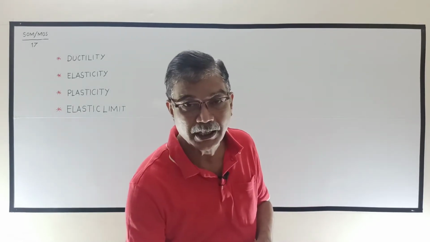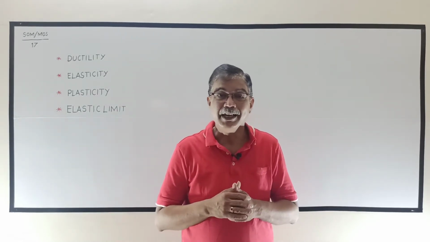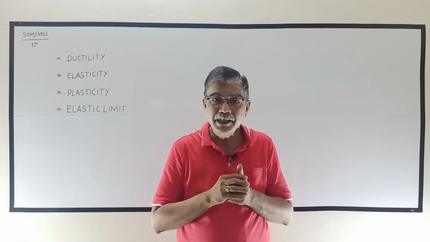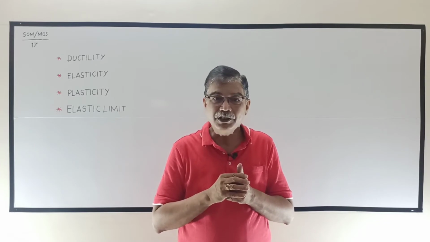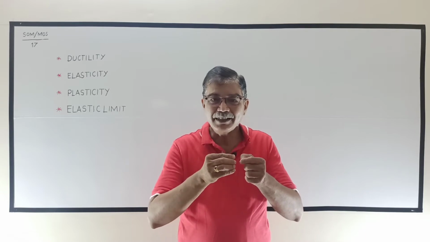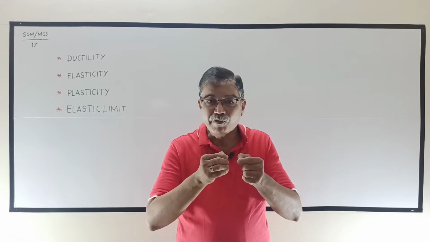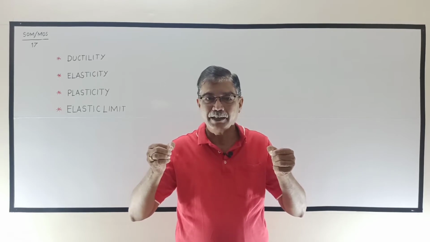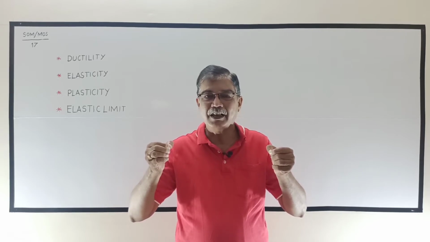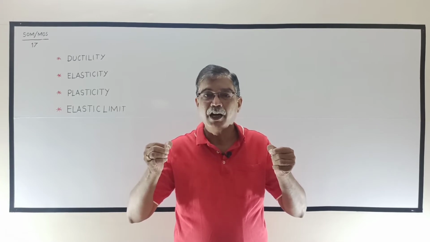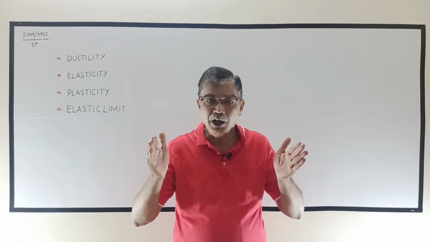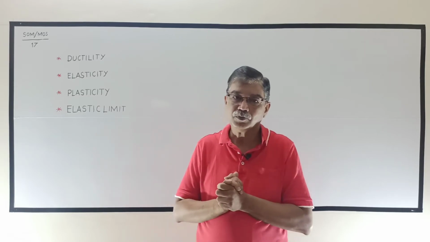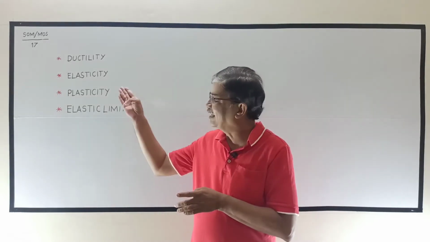We know elastic material. It is the property due to which it can deform when load is applied, and the deformation vanishes completely after removal of the load. This is known as elasticity.